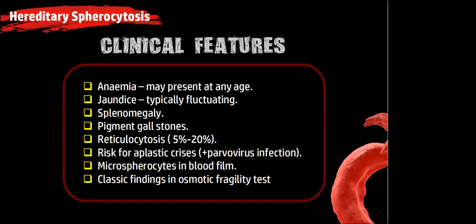So imagine if the patient has a hemolytic anemia but is complicated by aplastic crisis, especially when there is superimposed parvovirus infection. And the typical blood film in hereditary spherocytosis shows microspherocytes in the peripheral blood film, with the classic finding in the osmotic fragility test.